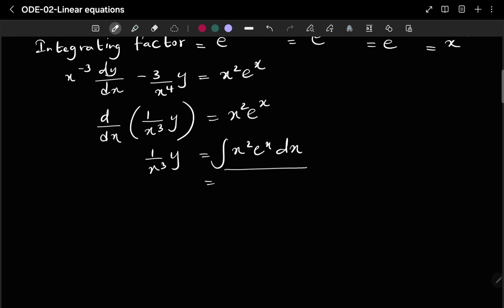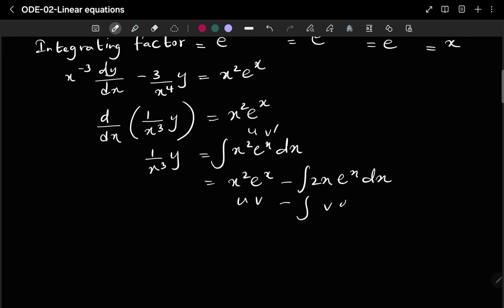Here we have to do integration by parts to get the integral of x squared e^x. So we can take the answer like this: x squared e^x minus the integral of 2x e^x dx. Here the method is uv, so we take u and this as v dash, and then we write uv minus the integral of vu dash.